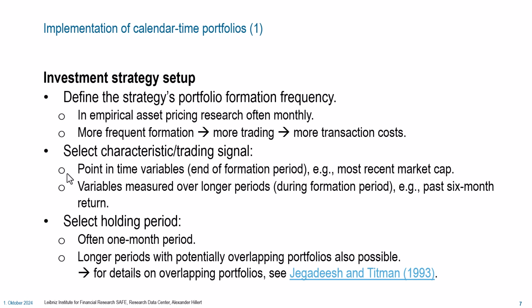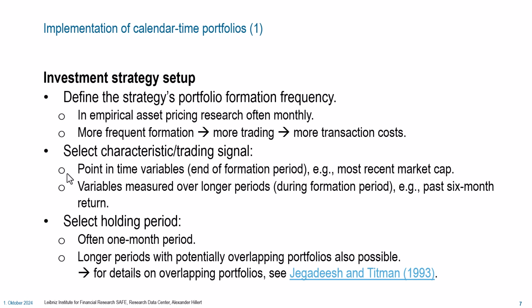At the end of February, you again update firm characteristics and construct a new set of portfolios that you keep from the beginning of March until the end of May. And then again 1 month later, at the end of March, you recompute your characteristics, take again positions, and keep these portfolios from the beginning of April until the end of June.